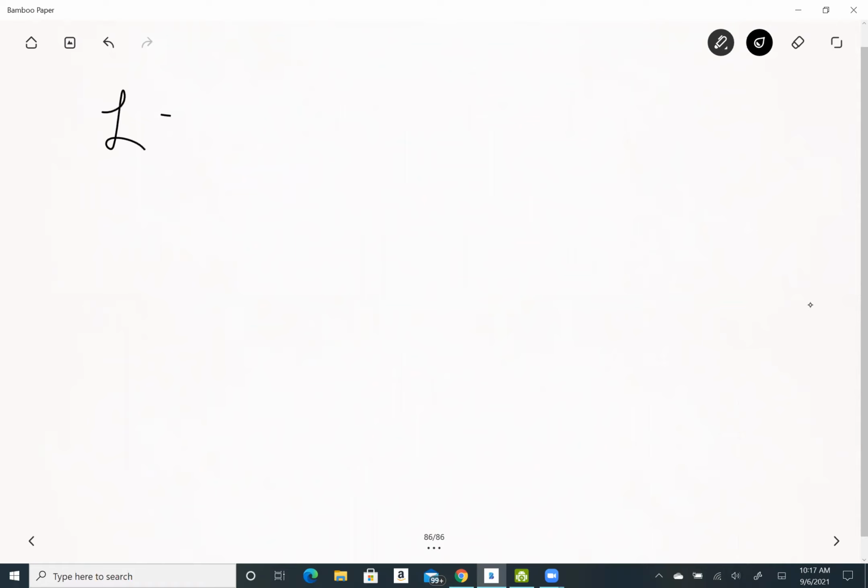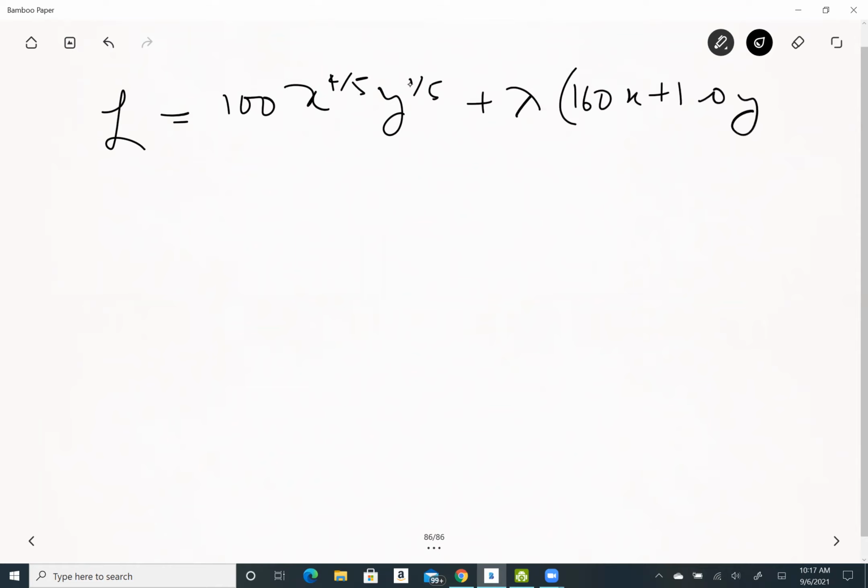So L is equal to 100 x to the power of 4 over 5, y to the power of 1 over 5, plus lambda times 160x plus 200y minus 100,000. I don't have enough space for the 100,000. Alright, so that is our Lagrangian function.